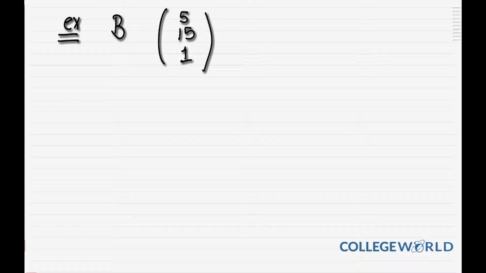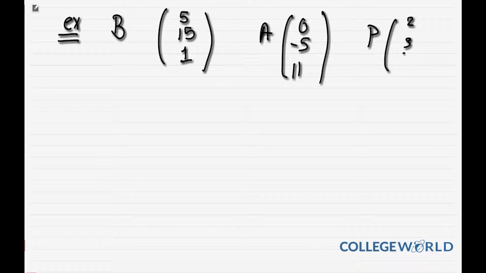And we also know points A and C, and P. A is 0, -5, and 11, and P is 2, 3, 7. Now we want to prove that these are collinear.